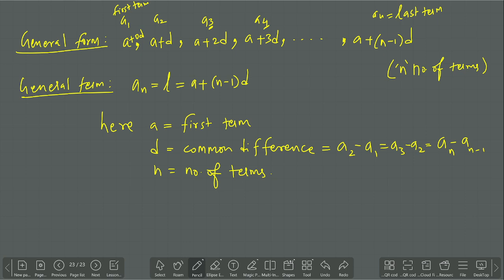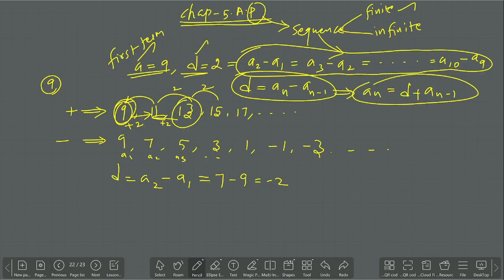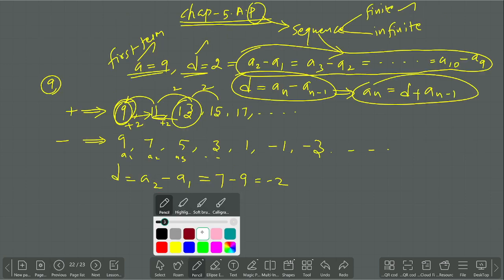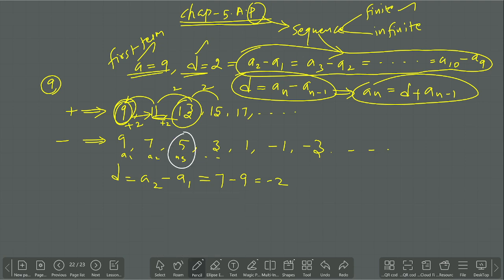If you are using this formula, you will get the previous page. Let me show. I am taking this, the third term. In this sequence, what is A? 9. What is D? I have done it here already: minus 2.